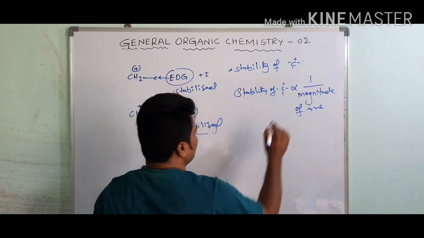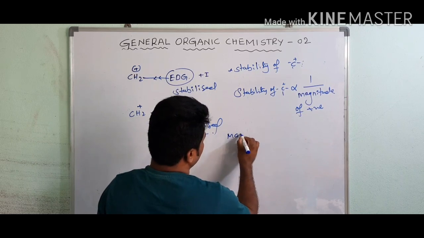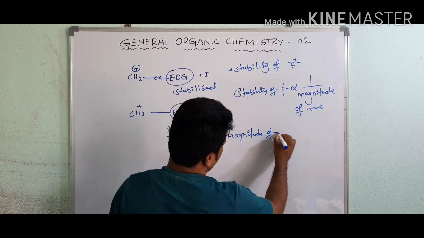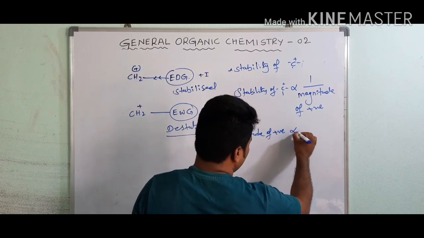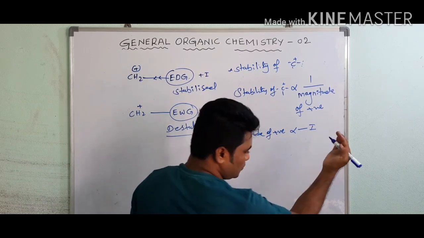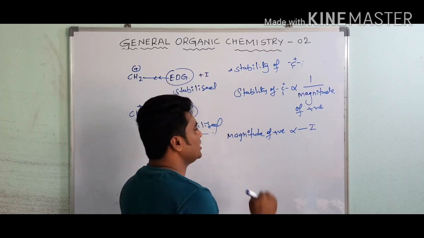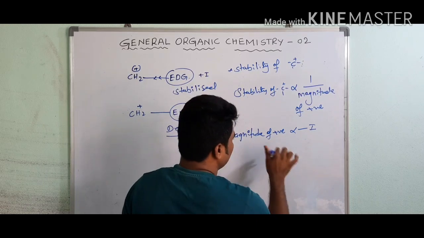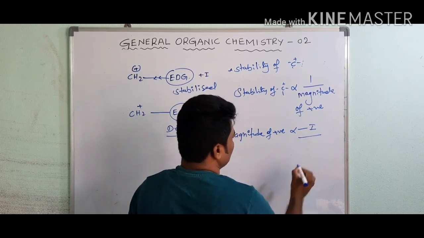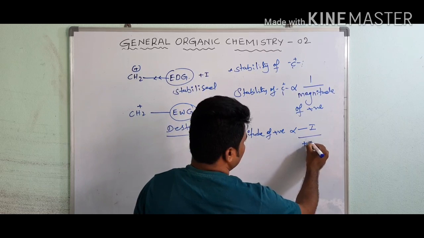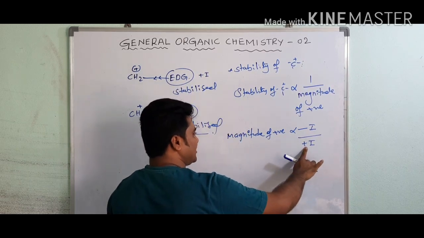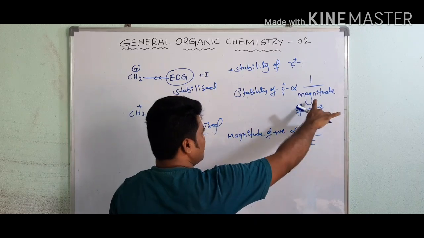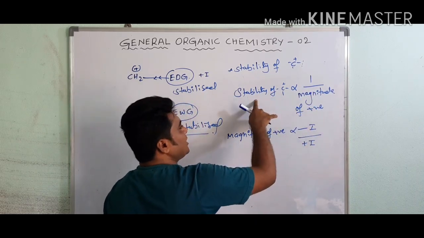And this magnitude of positive charge is directly proportional to the minus effect. Why? Minus effect pulls the electron from the carbocation, so the magnitude of positive charge increases. And the magnitude of positive charge is inversely proportional to what? Plus effect. See, if the plus effect is more, then the magnitude of positive charge is less. If the magnitude of positive charge is less, it means the stability of carbocation is more.